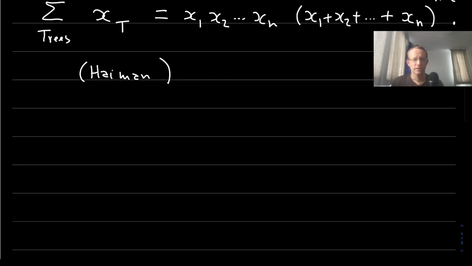So how do we prove this? So first of all, note that the number of edges in a spanning tree will be n minus 1.